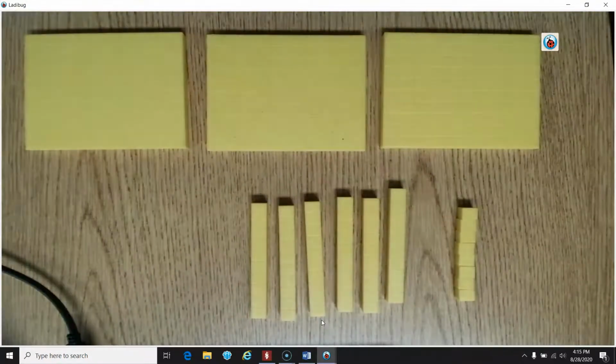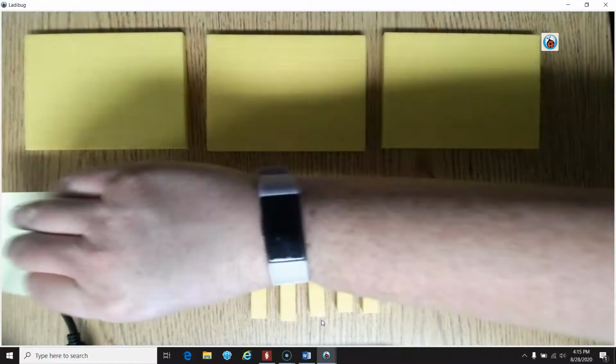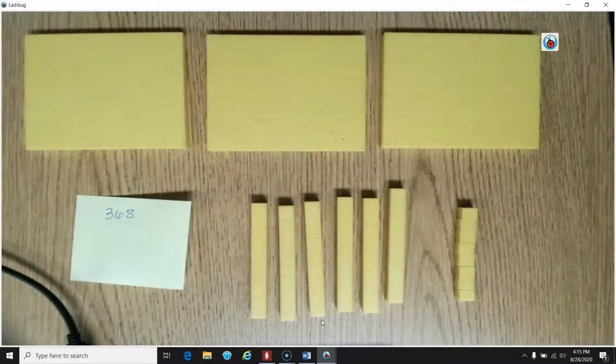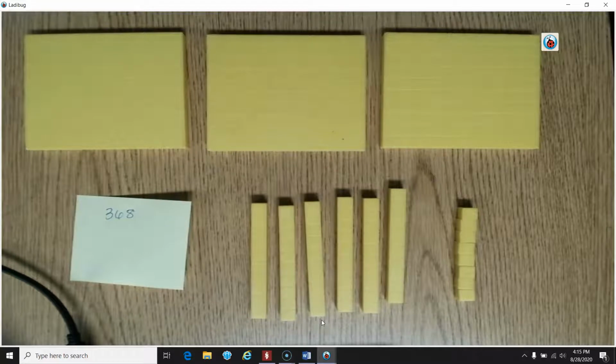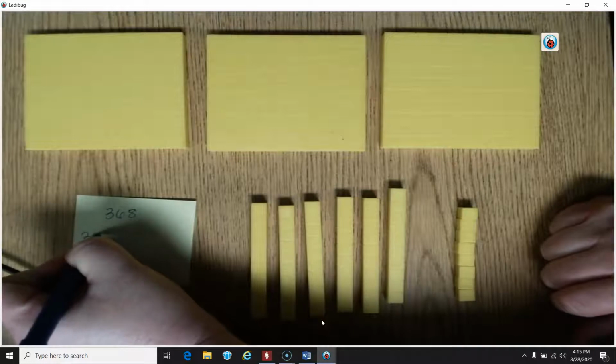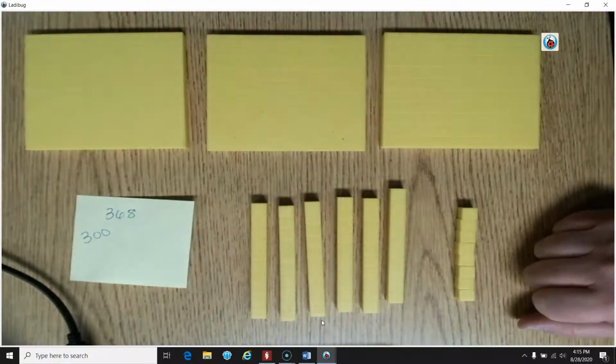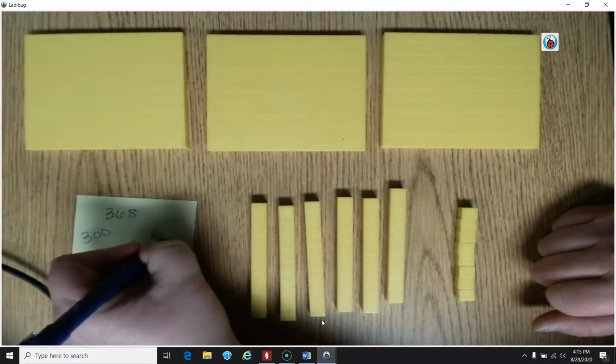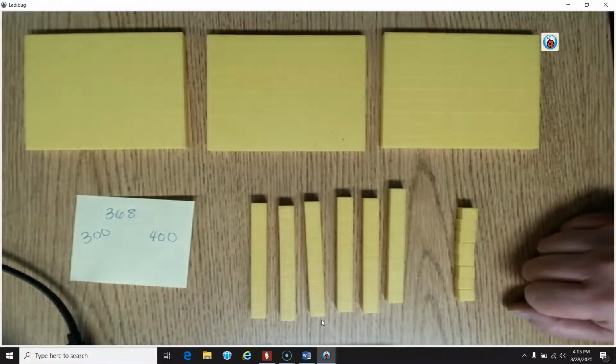Okay, now let's think of this same number rounded to the nearest 100, okay? So now I have the same number and I have to decide which 100 is it closest to. So if I went backwards, I would get to 300, and if I skipped ahead to the next 100, I would get to 400.